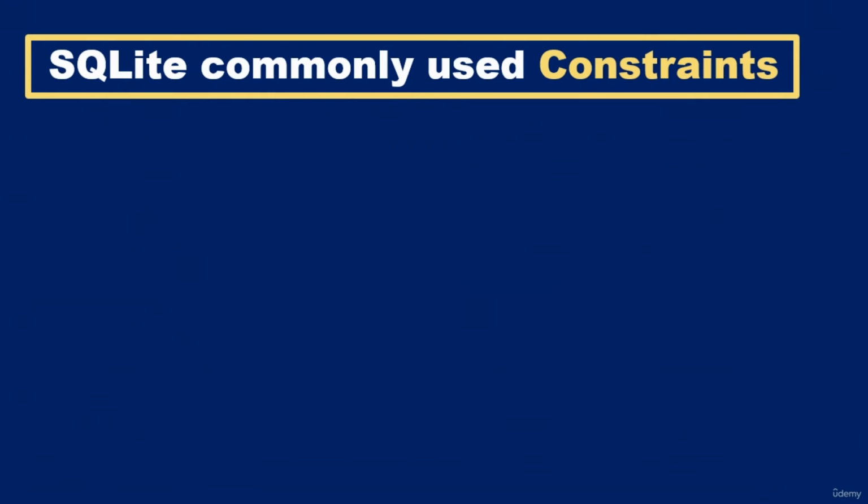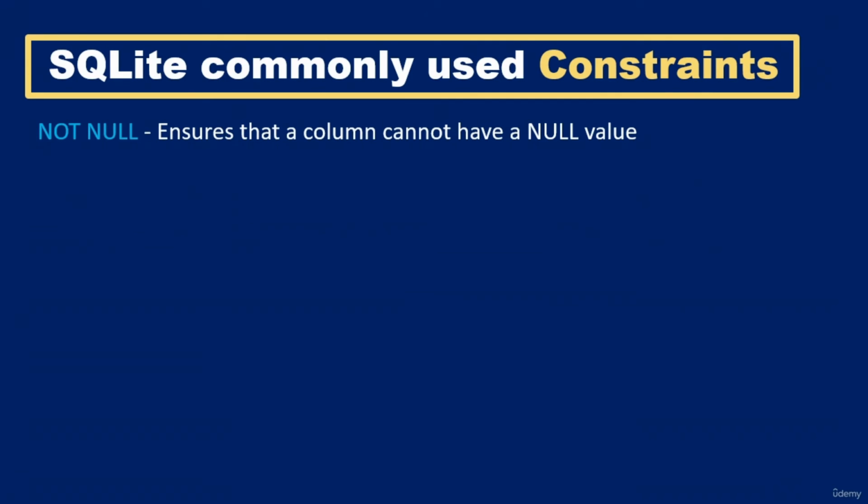Let's take a look at some of the commonly used constraints in SQLite. The first one is called not null, which basically ensures that a column cannot have a null value. So when you create a table, you can specify that the column or field cannot be empty. You must enter a value for it.